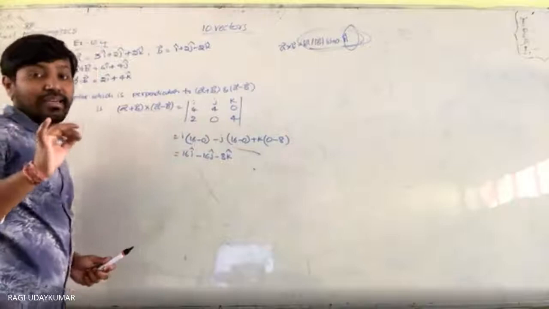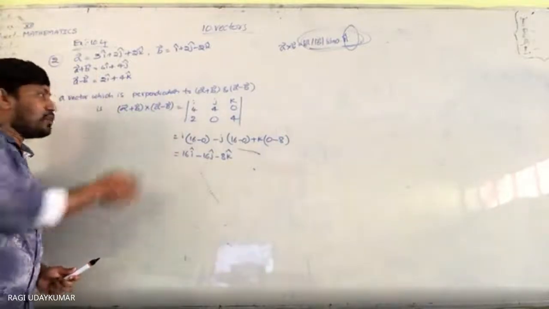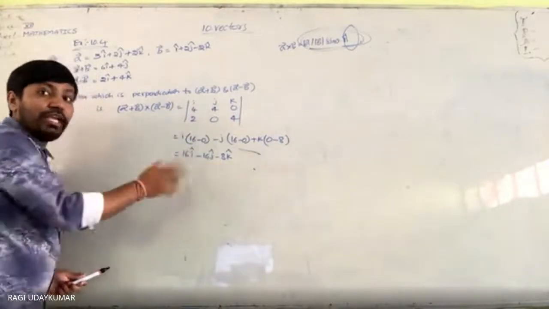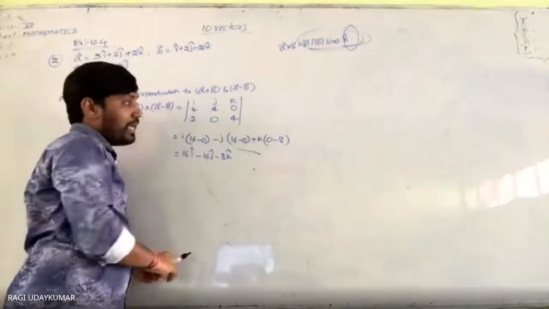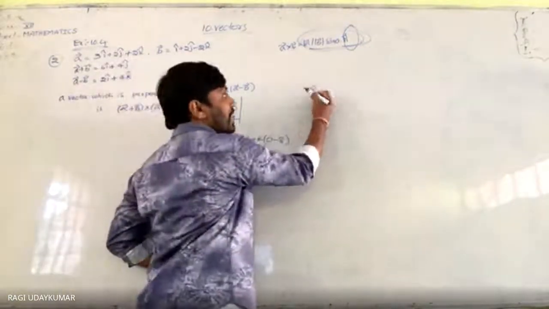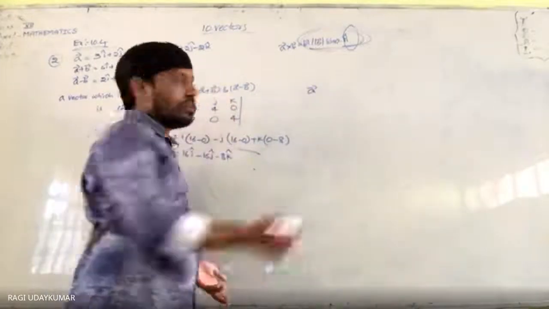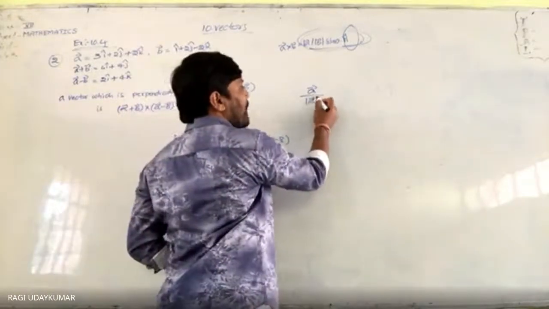But what does the question ask? A unit vector. This vector is what we have, and we need a unit vector in the direction of this vector. How do you find it? A unit vector in the direction of a bar is a bar divided by the magnitude of a bar.